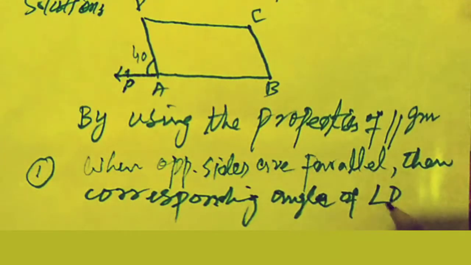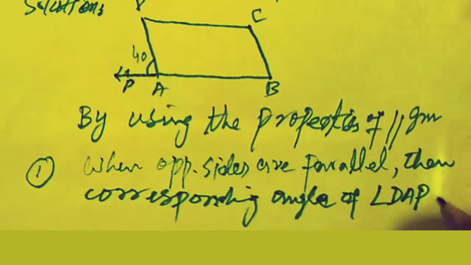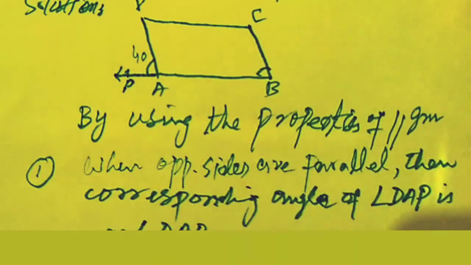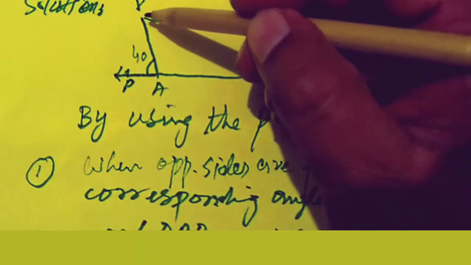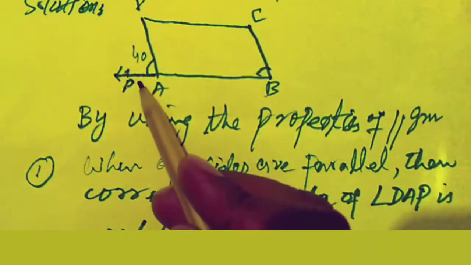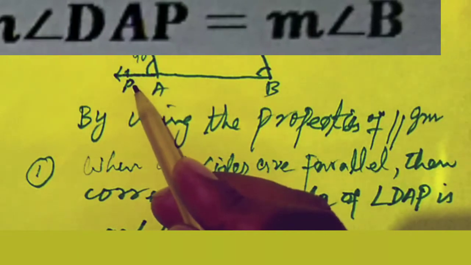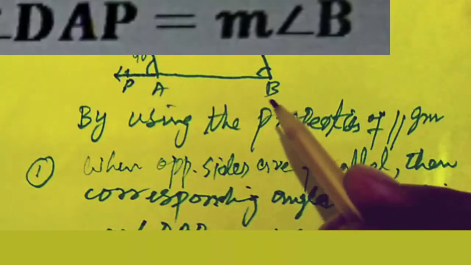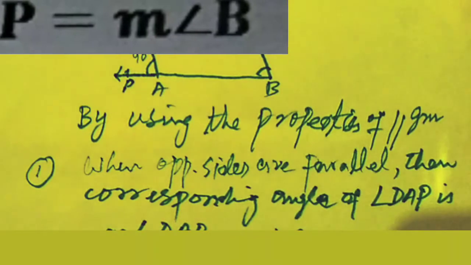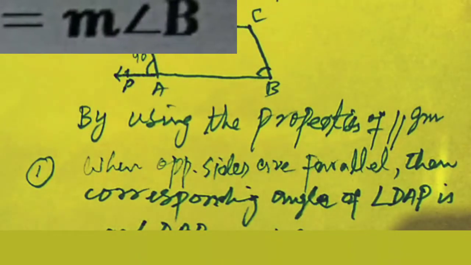Angle DAP is equal to angle B. Parallel lines AD and BC when intersected by a transversal line PB, then a pair of corresponding angles, angle DAP and angle B, is produced, which is equal to each other.